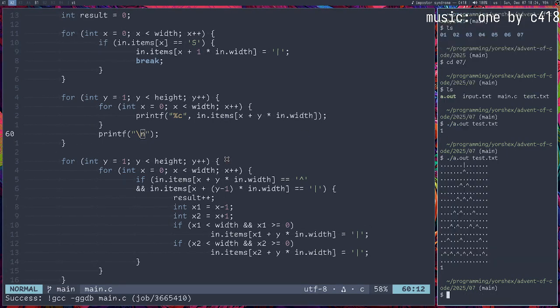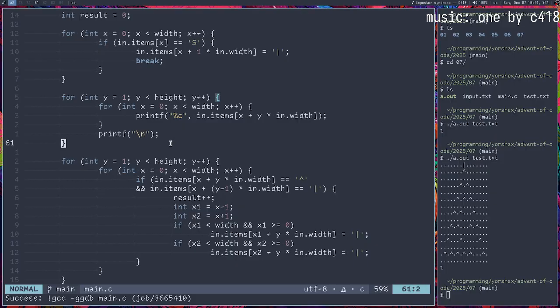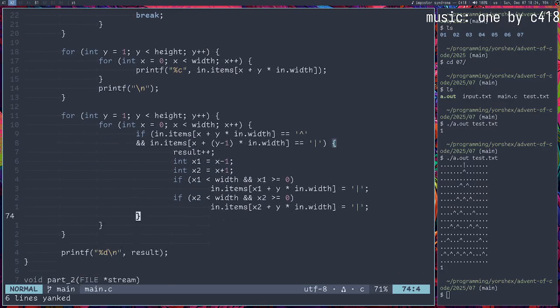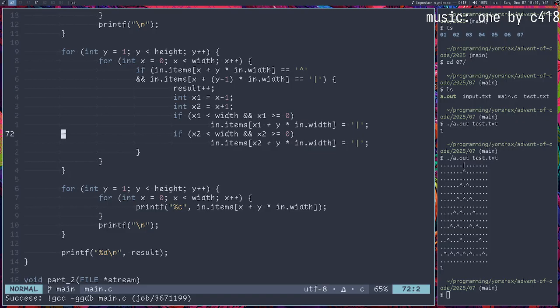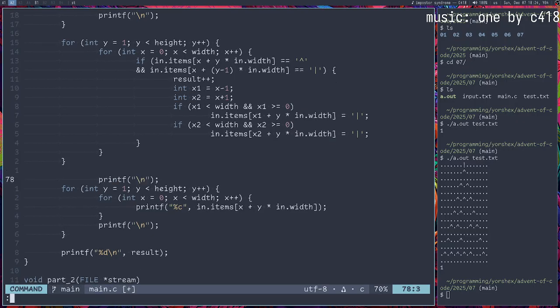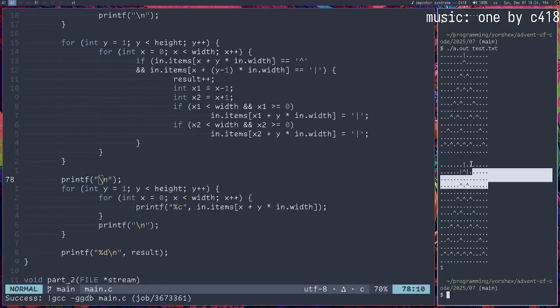So let's build this and try to run it. So it kind of sees whatever it should see. And at the end, let's put another new line here to separate them. It only happens once for some reason. Oh, it's because... Damn, I'm stupid.